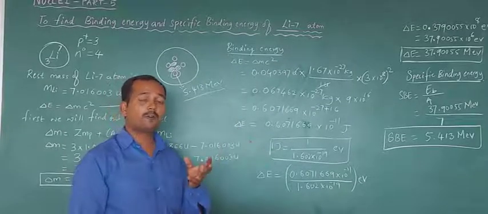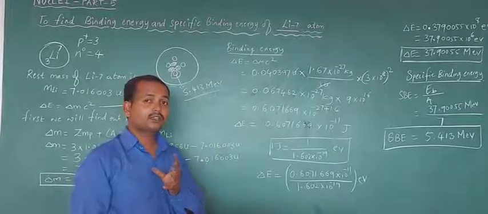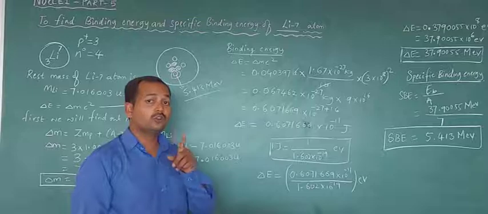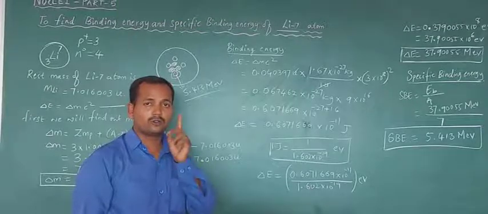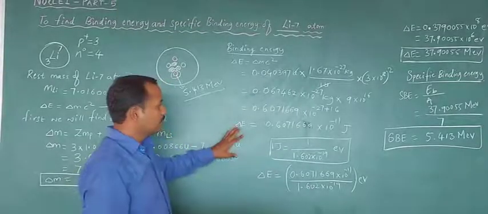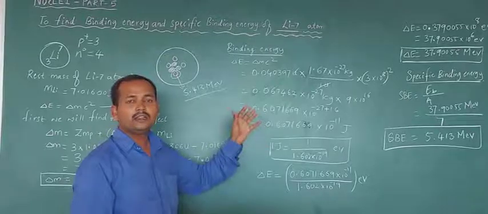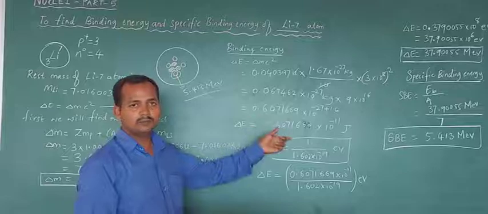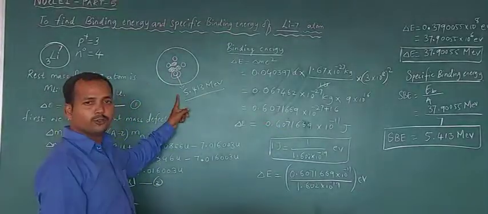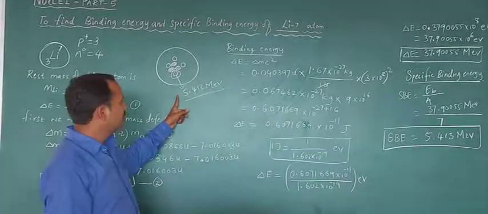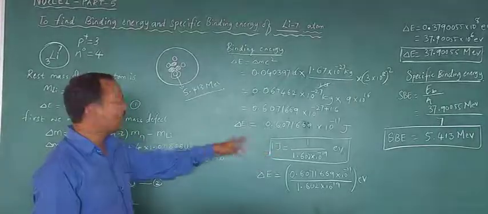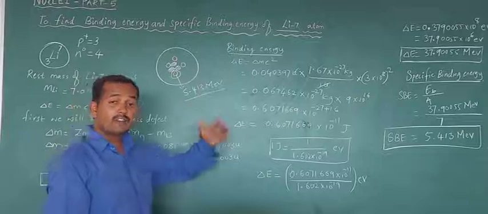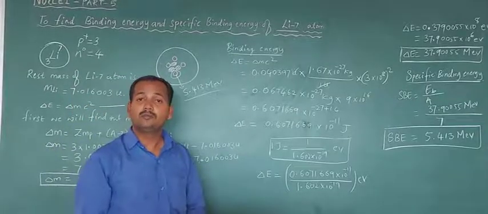And we found for the helium atom it is about 7.075 million electron volts to remove one neutron or one proton. By comparing helium and lithium, helium is more stable than lithium, because lithium requires only 5.413 whereas helium requires 7.075 million electron volts to remove one nucleon.